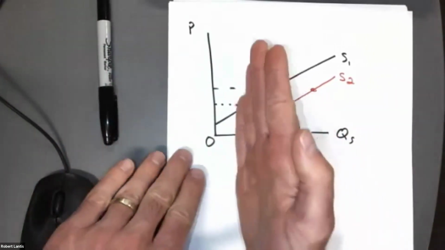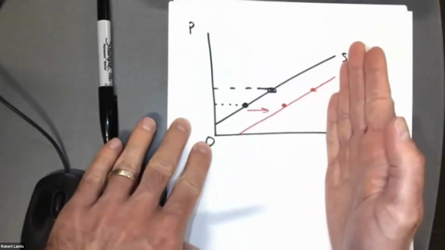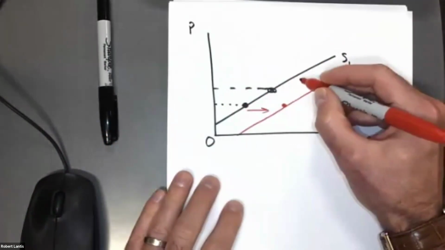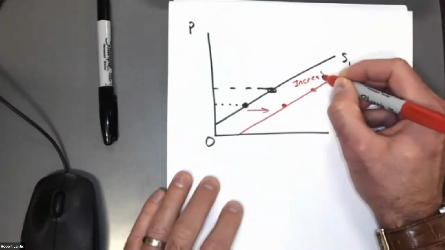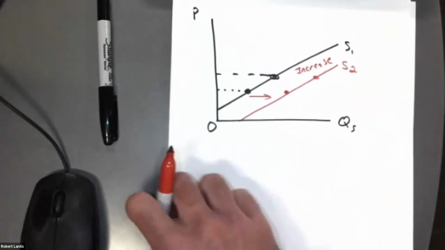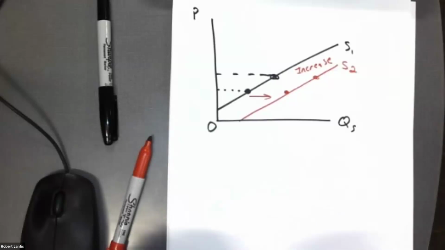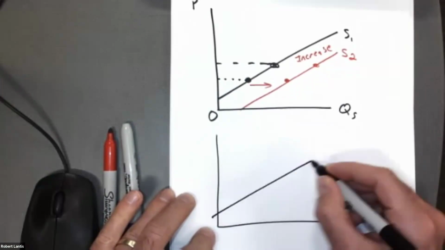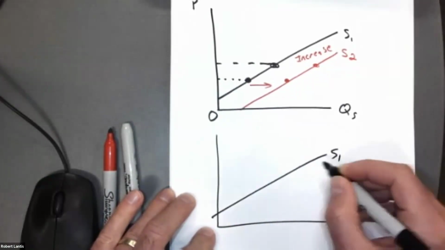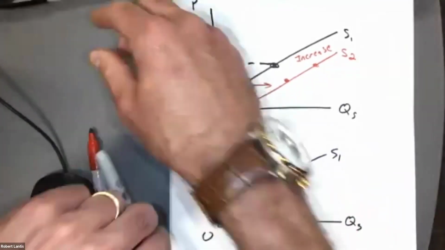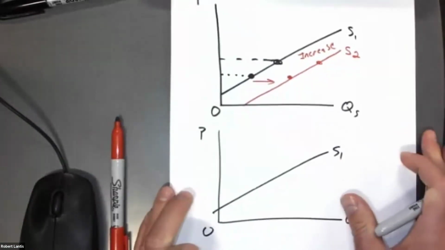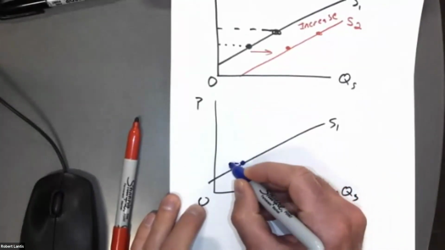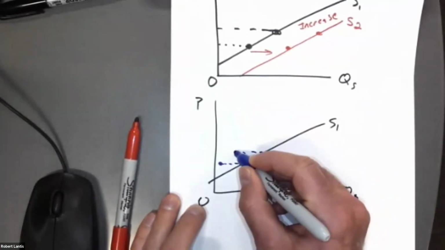Another way of thinking about this is if your curve is shifting away from that 0 point, the origin, you're having an increase. Right? Now, what if you have a decrease in supply? Right? So if I had a decrease in supply, what we're thinking about there is at every price, I now see that the companies are willing to supply less.